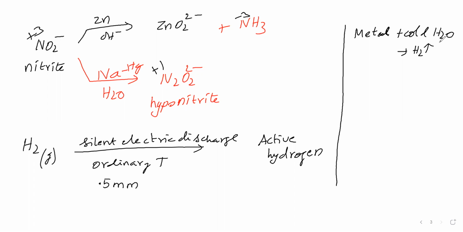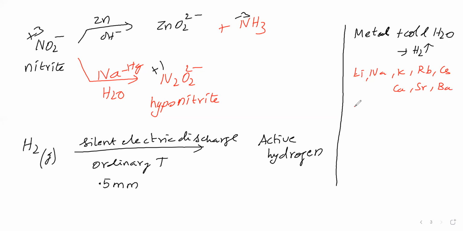One is the alkali metals: lithium, sodium, potassium, rubidium, cesium. Then the alkaline earth metals: calcium, strontium, barium. These metals, on adding into cold water, give hydrogen gas.